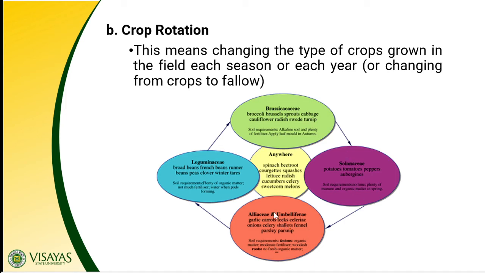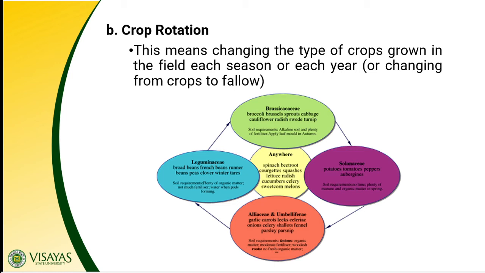It is a must that the leguminous plants should not be followed by leguminous plants as well. Also in Solanaceae, do not plant, say for instance, you are planting tomatoes now, after tomato, do not plant sweet pepper or hot pepper because they belong to the same family, and so they will be attacked by the same pest.